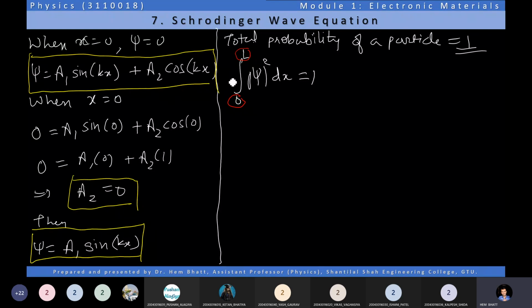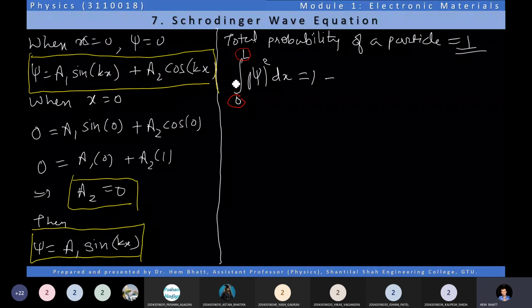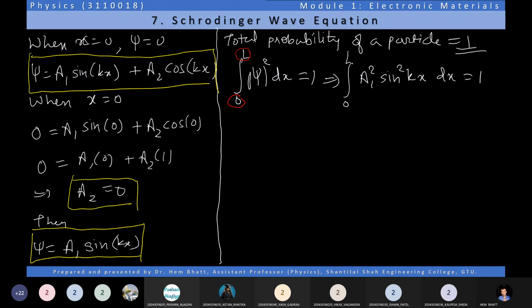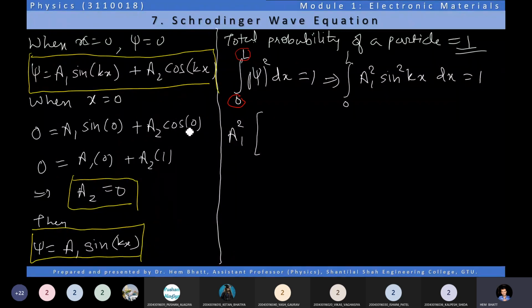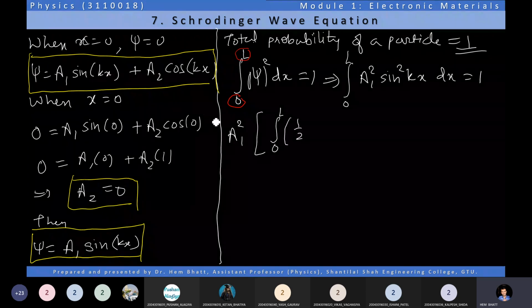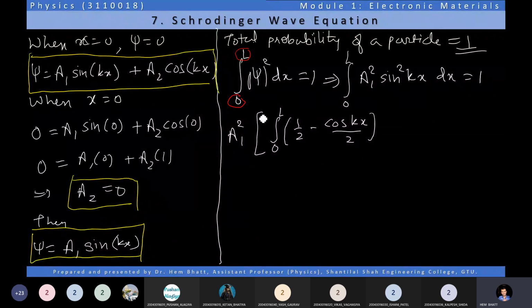Okay, and so I can write this as integration 0 to L A1 square sine square kx dx to be 1. Okay, so now A1 square integration 0 to L, 1 by 2 minus cos 2kx by 2. આવું બધું ક્યાંથી આવી ગયું? cos 2x ની ફોર્મ્યુલા છે.